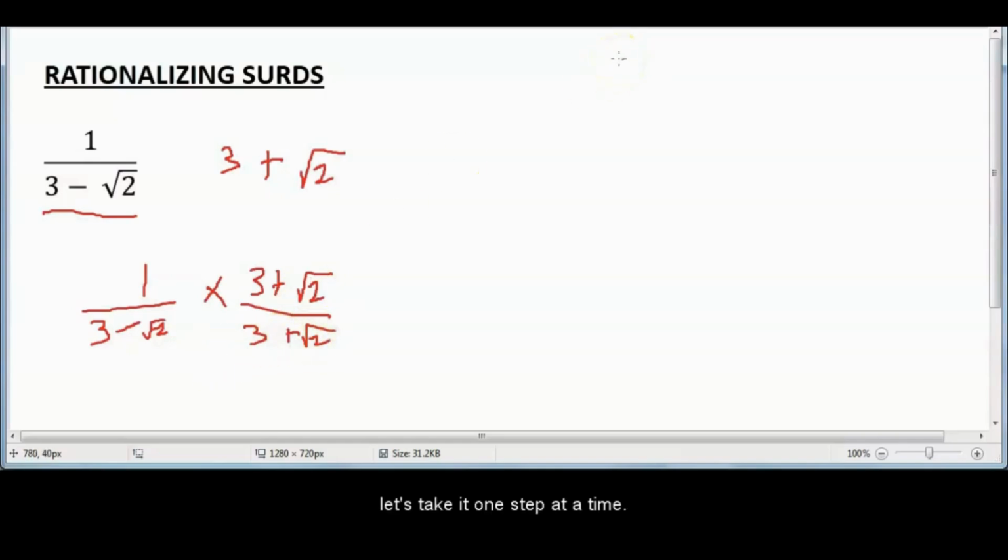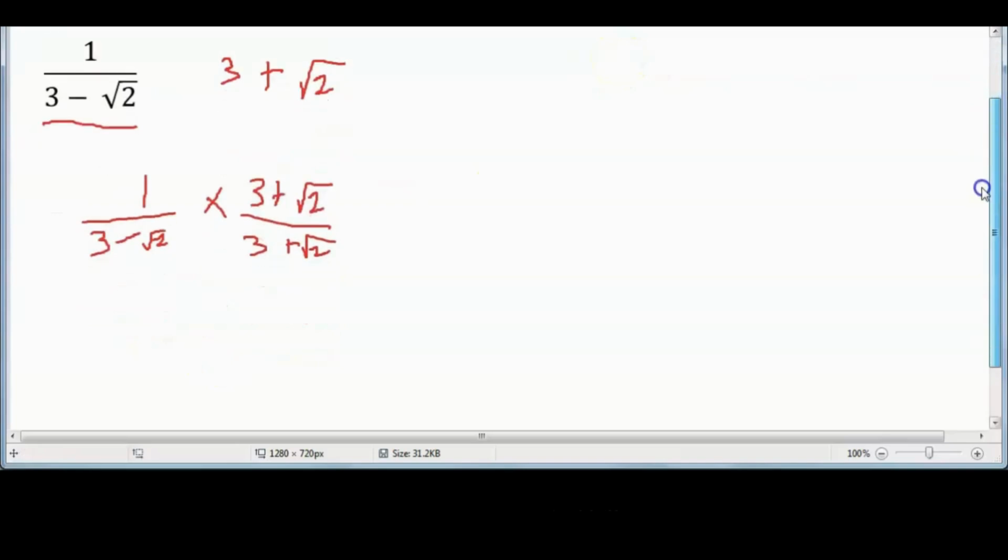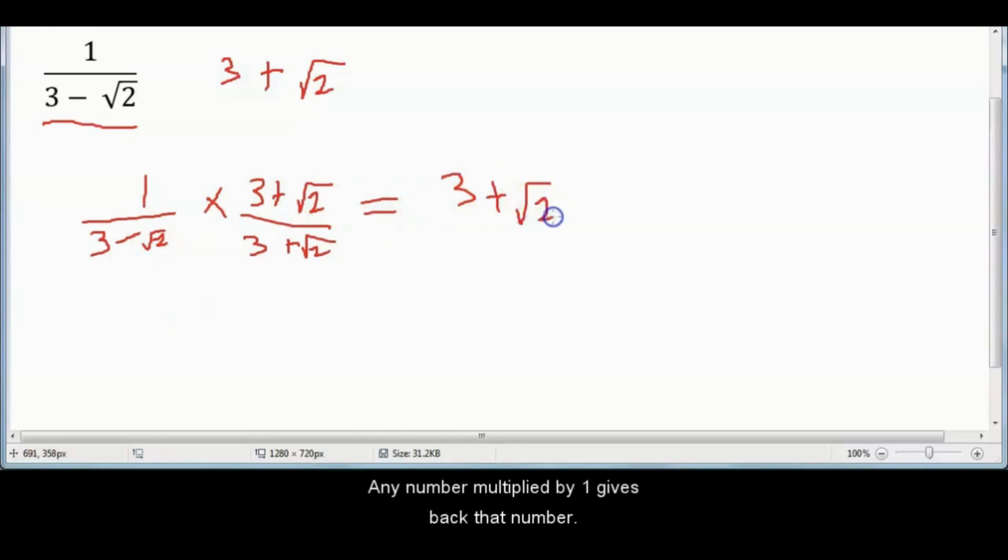Let's take it one step at a time. For the numerator, we have 1 times 3 plus root 2, which is the same thing as 3 plus root 2. Any number multiplied by 1 gives back that number.